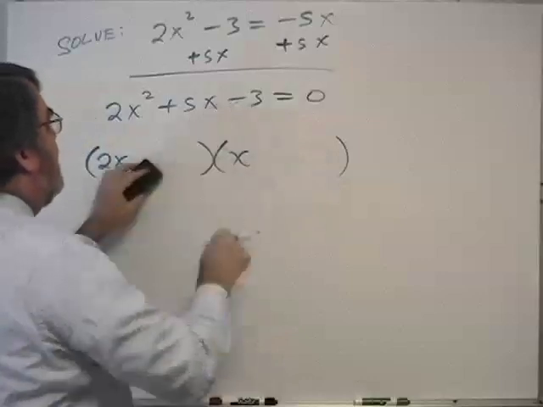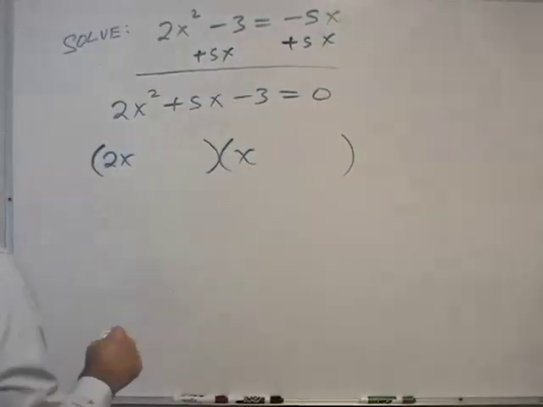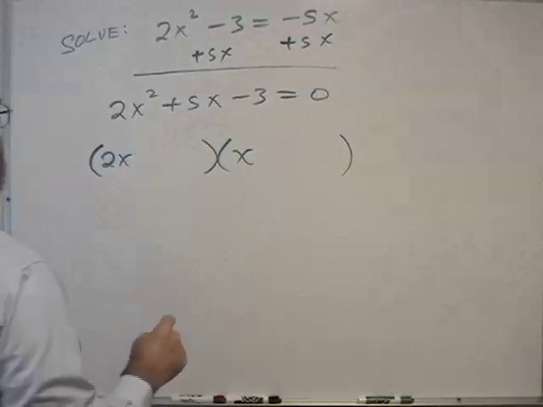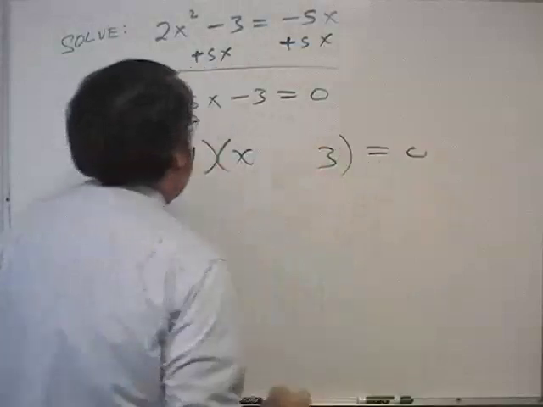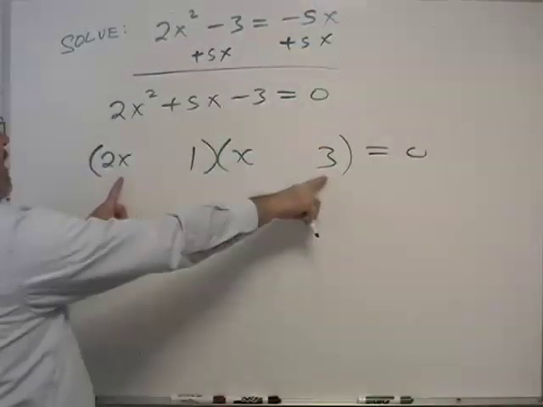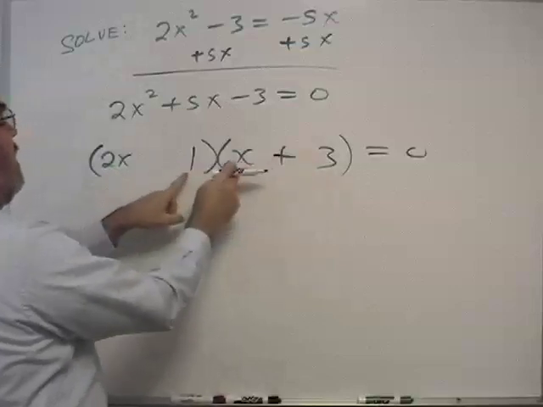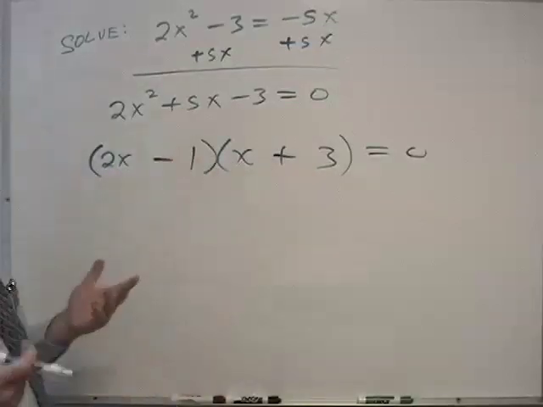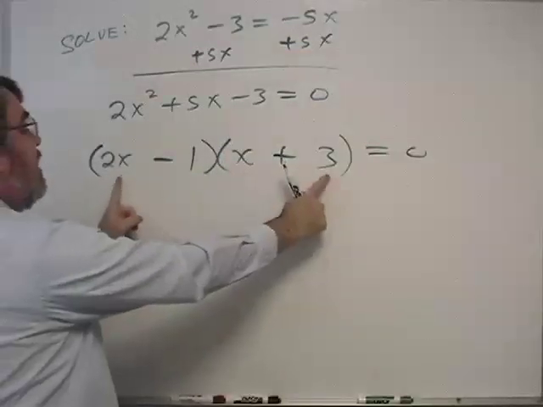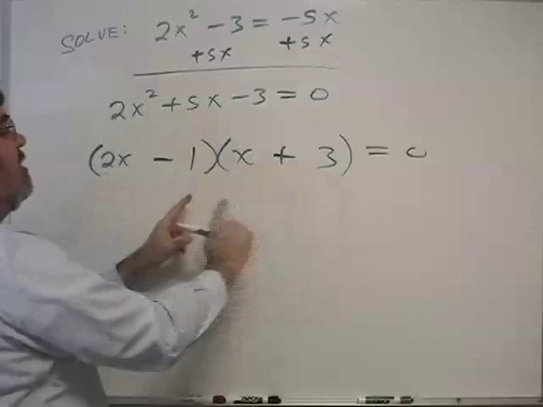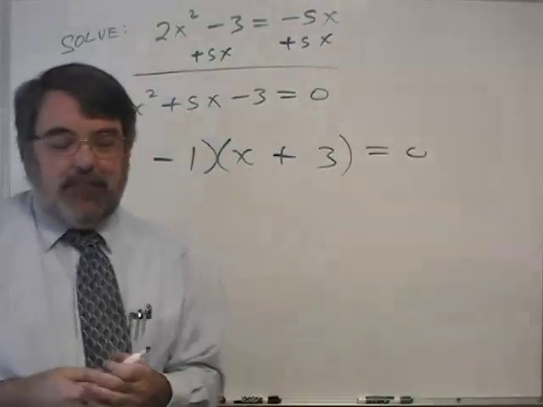And we also need at least one negative sign in order to produce a negative. So what would it be? It was 1 here and 3 there. It equals 0. So this gives me 6x, and I want a plus 6x and a minus 1x. So let's check that. Got 2x squared, 6x minus x is 5x, and negative 3. So the factoring checks out.